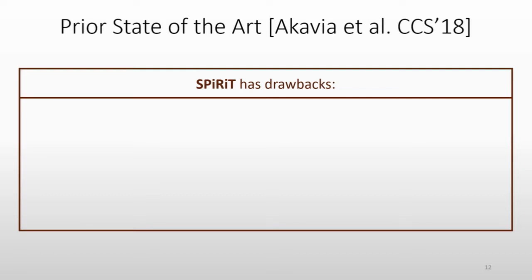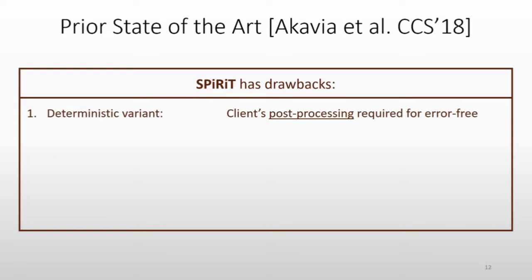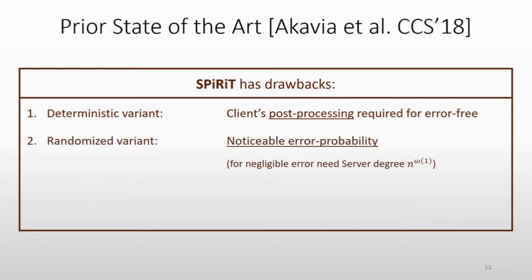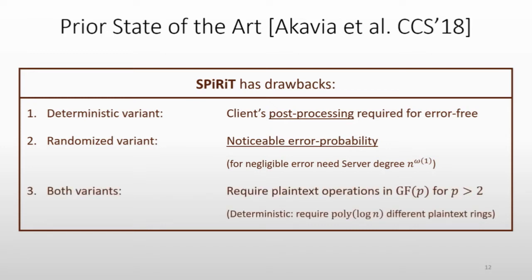Still, the protocol, their Spirit, had a few drawbacks. The deterministic variant had post-processing in order to get the final result and for the result to be error-free. The randomized variant had a noticeable error probability, and both variants required working over plaintext spaces of GF(p) for p bigger than 2.